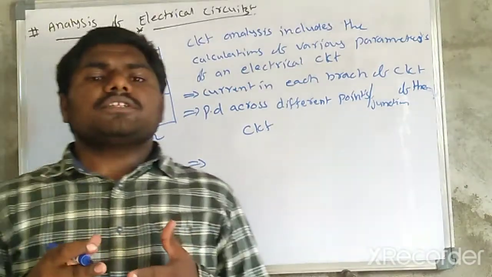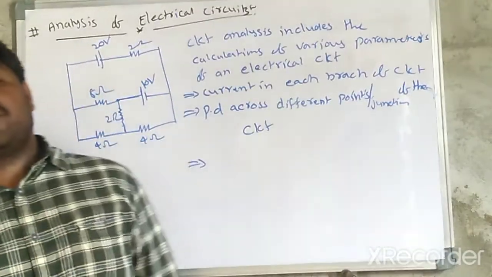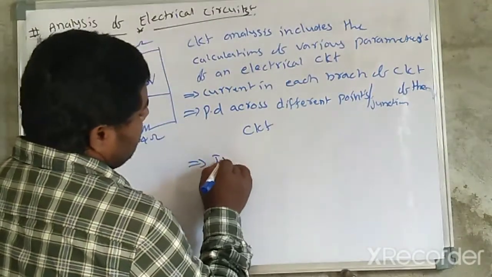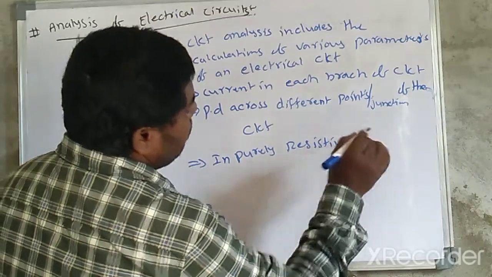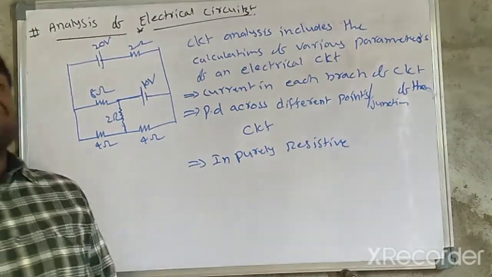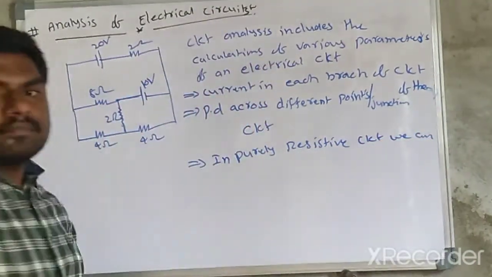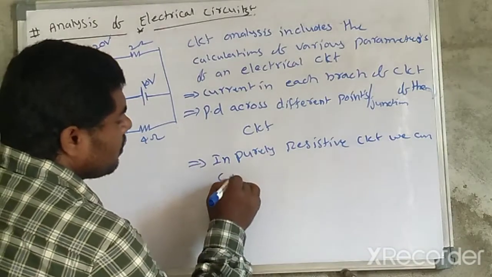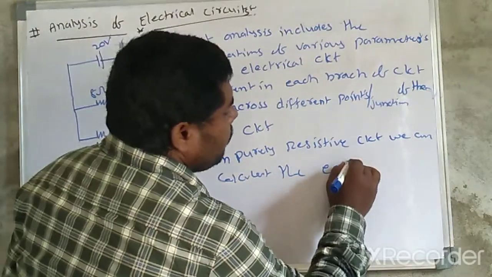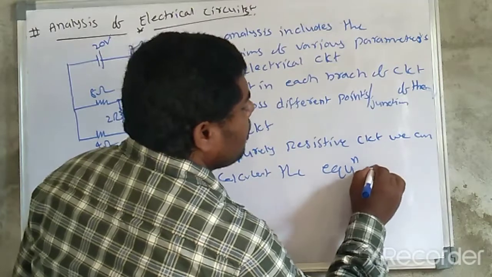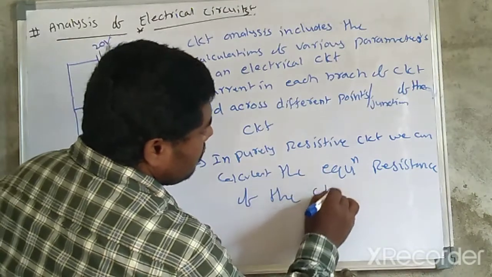So in a purely resistive circuit we can calculate the equivalent resistance of the circuit.